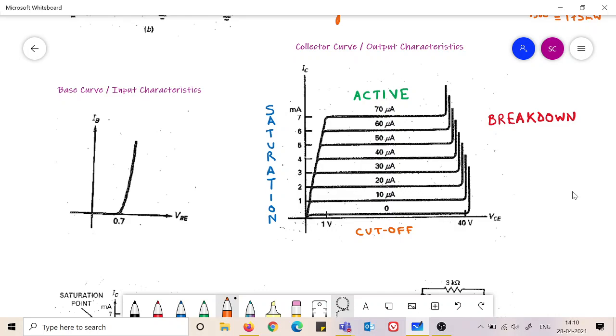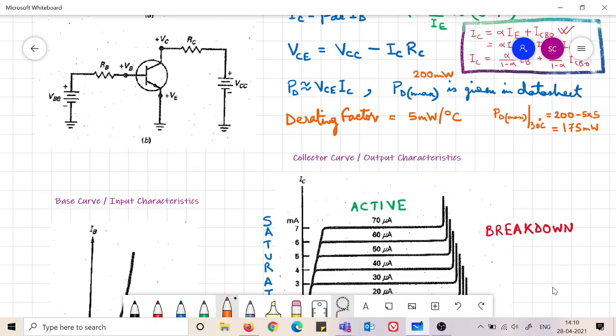The first thing is, what are these values, 0, 10 microampere, 20 microampere? These values are different base currents. As you remember this circuit, let us see it once more.